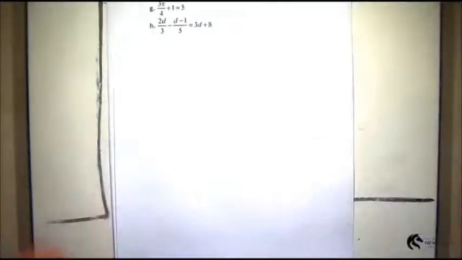And remember, our solution is the value that makes the equation true. Okay, so we've got a whole lot of these to solve. Let's do some more. In this case, I subtracted 6 from both sides. In part B, I need to divide.